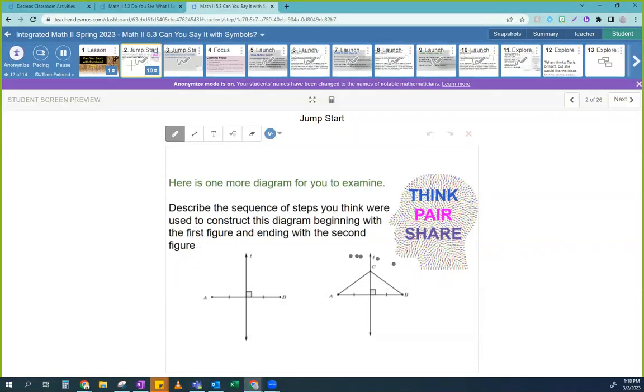And then what happened? What did they draw next to get this picture? Yeah, they drew AC and BC. Anybody want to take a guess about what they're drawing in this picture? Anybody know what else you wonder about this?